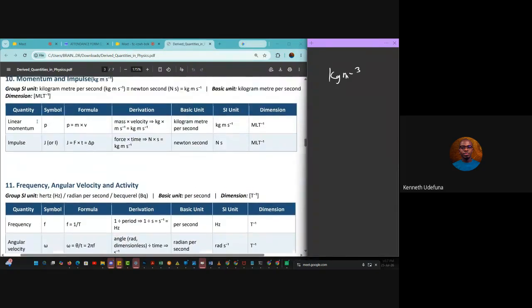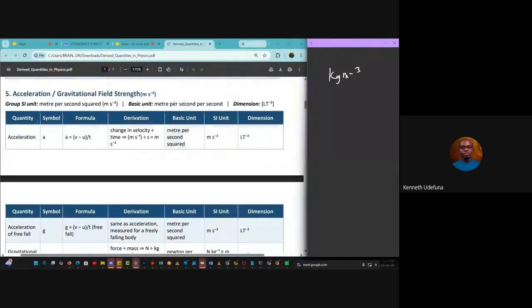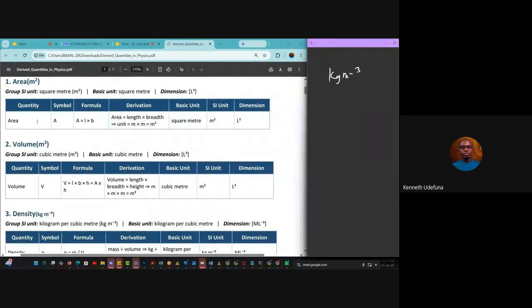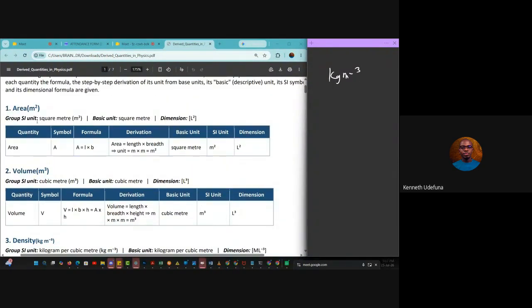Now this I have here is just a run through of all of them. The way I wrote out this material is this: I classified quantities that have the same SI units into one category. So you might observe that I can call a quantity and say that the unit is this.